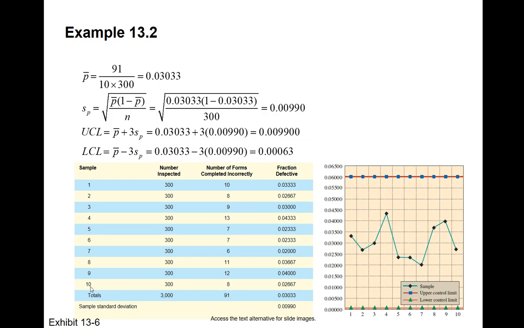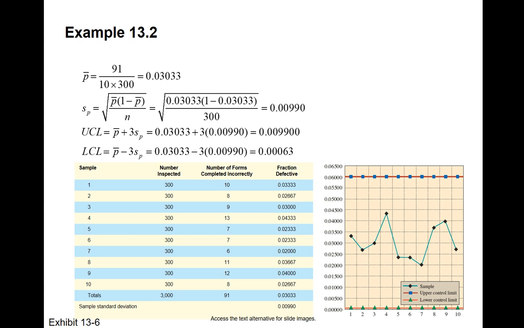So we have 10 samples over there, and this is the number expected. What does this mean? The number expected is actually the sample size. Here I want to illustrate two concepts: the number of samples and the sample size.